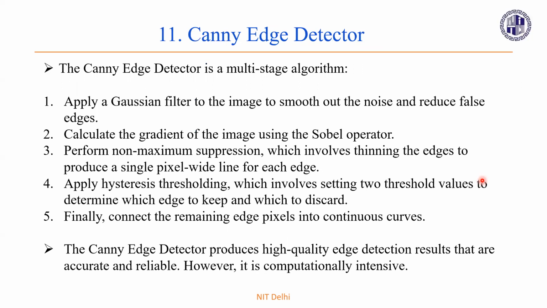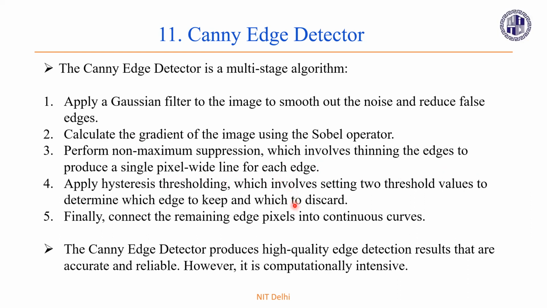Coming to the Canny edge detector, it is a multi-stage algorithm. Here we apply a Gaussian filter to the image to smooth out the noise and reduce false edges. Then we calculate the gradient of the image using the Sobel operator. Perform non-maximum suppression, which involves thinning the edges to produce a single pixel wide line for each edge.